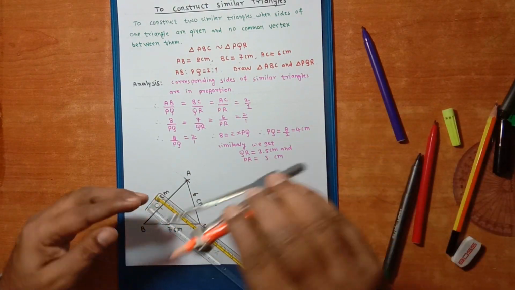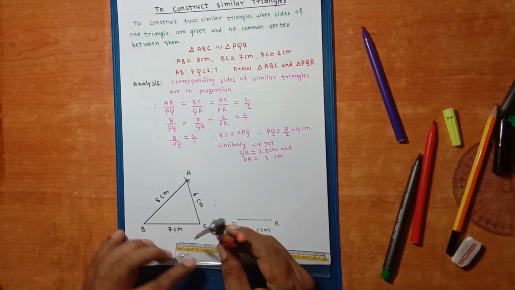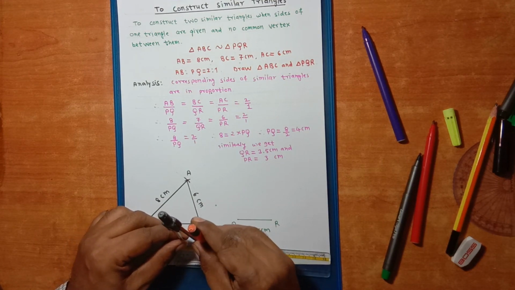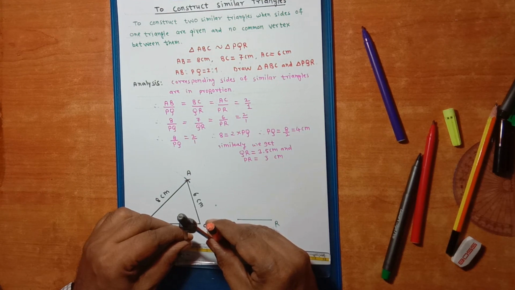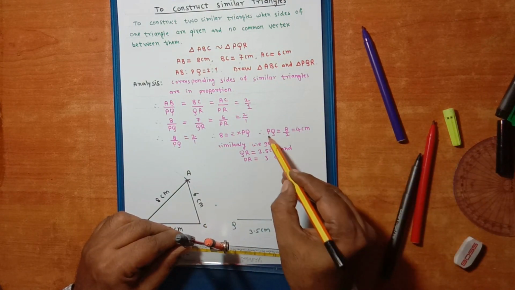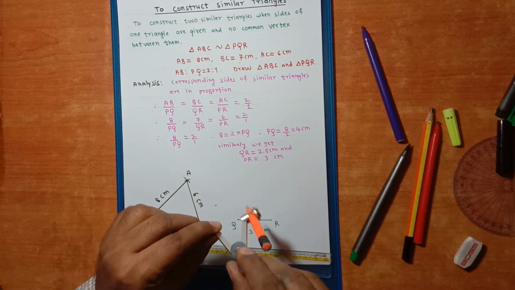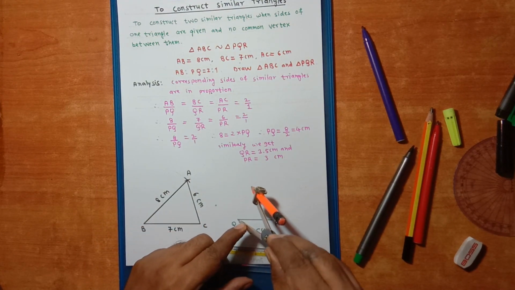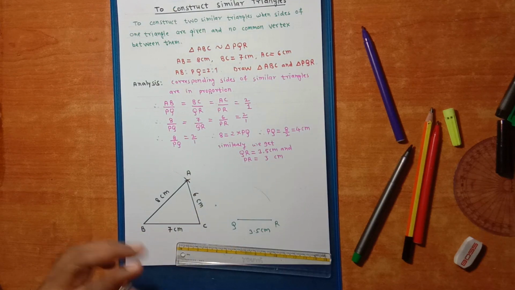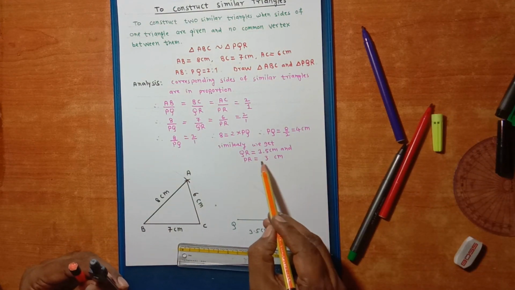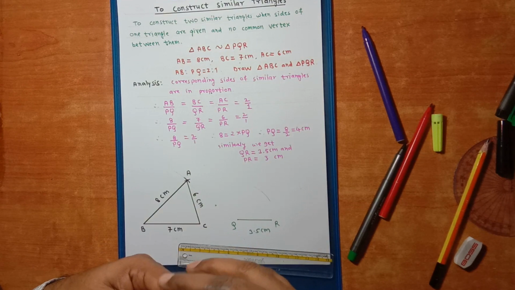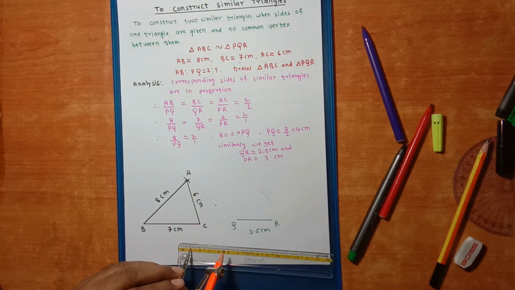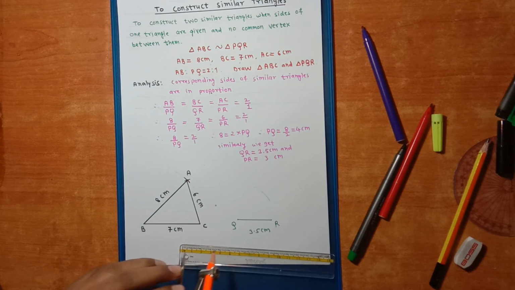Now with the help of compass, I will take a distance of 4 centimeter between the two points, because the length of PQ is 4 centimeter. Keeping the still point on Q, I will draw an arc like this. Now as we know the length of PR is 3 centimeter, I will take a distance of 3 centimeter between the two endpoints of the compass.